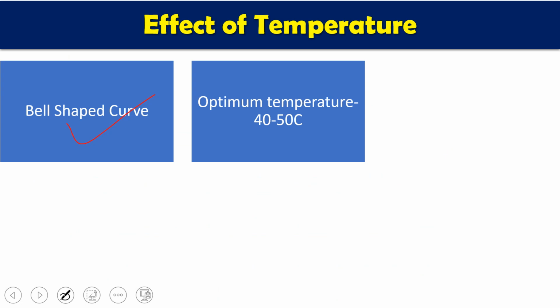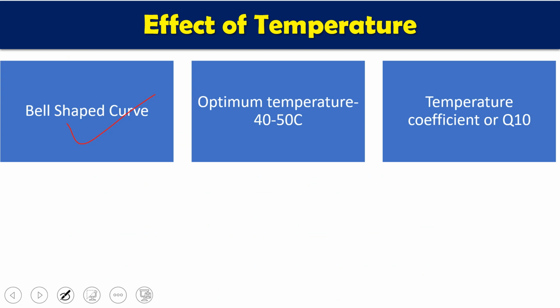Second thing is, for most enzymes, because enzymes work in biological systems, in the cells, they normally work at 37 degrees centigrade in the human body, or normally in other places also. For most enzymes the optimum temperature is 40 to 50 degrees centigrade, and we are going to use a term called temperature coefficient, or Q10.